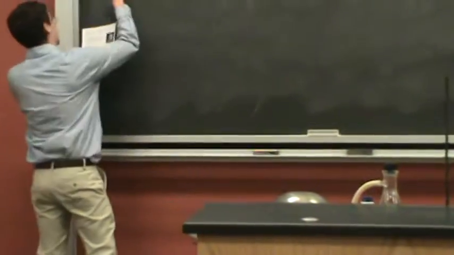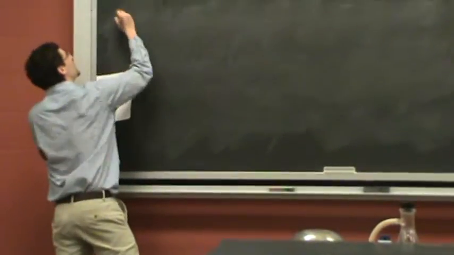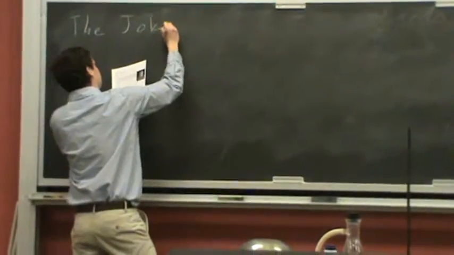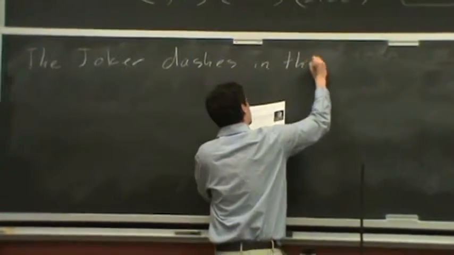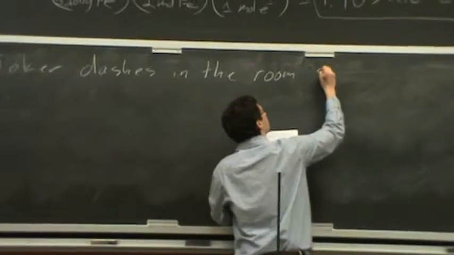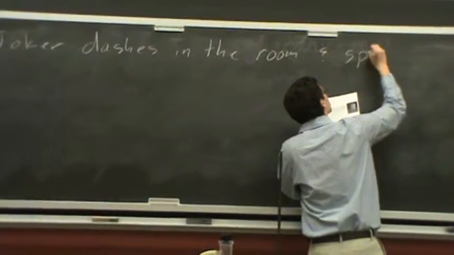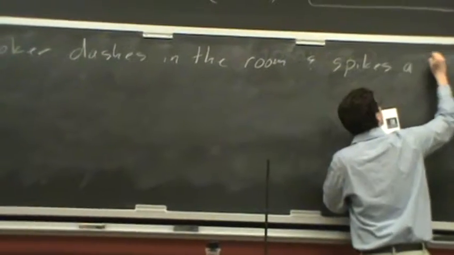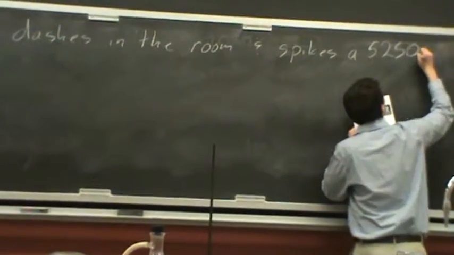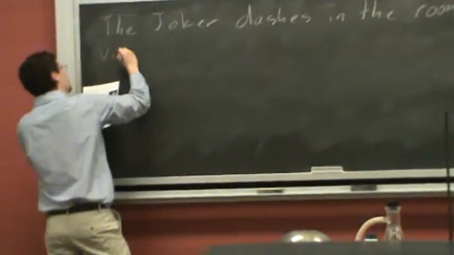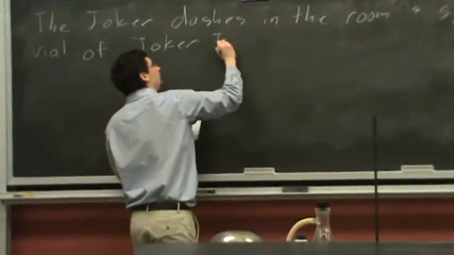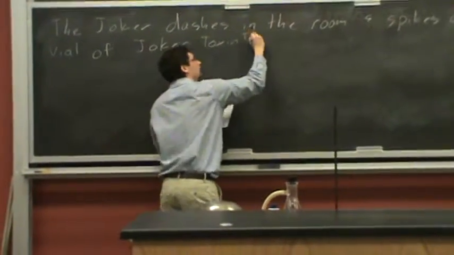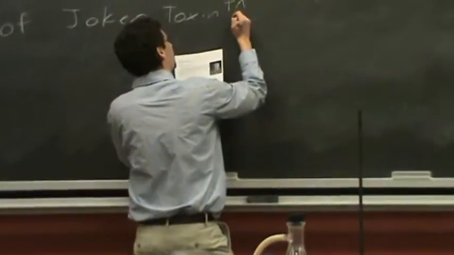Let's check it out. So, what we have is the Joker dashes in a room, and he spikes a 250.00 milliliter vial of Joker toxin. Trademarked. All right.